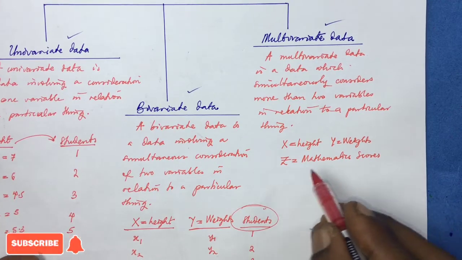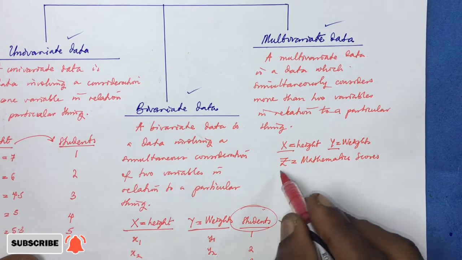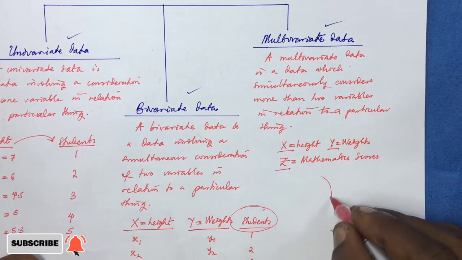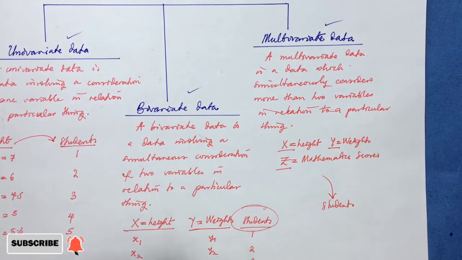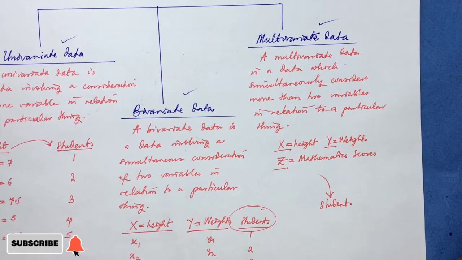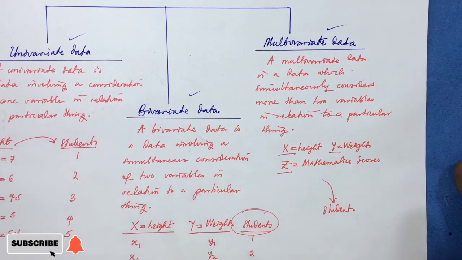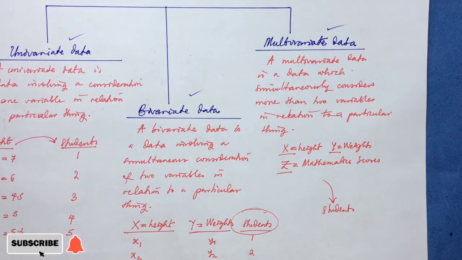So if you consider the x variable height, the y variable weight, the z variable mathematics, and so many other variables, all in relation to students, one particular thing, the data generated will be called a multivariate data, because it involves the simultaneous consideration of more than two variables in relation to a particular thing. And what is the thing in this case? It is students. I hope that is understood.